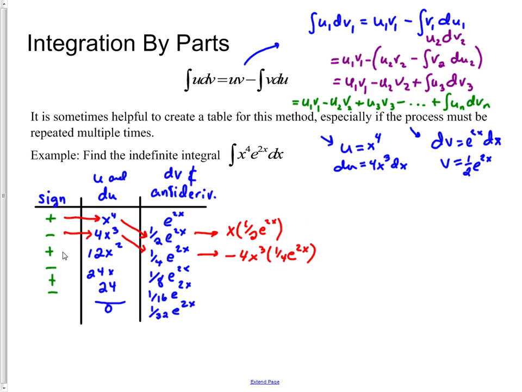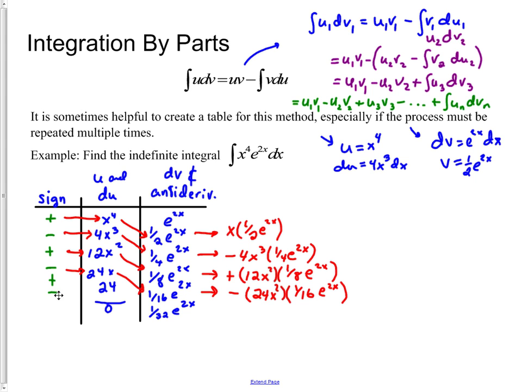So in our next term, we're going to multiply a positive times 12x squared times 1/8 e to the 2x. And then in our next step, again following the pattern, we're going to have a subtraction of 24x and a 1/16 e to the 2x.